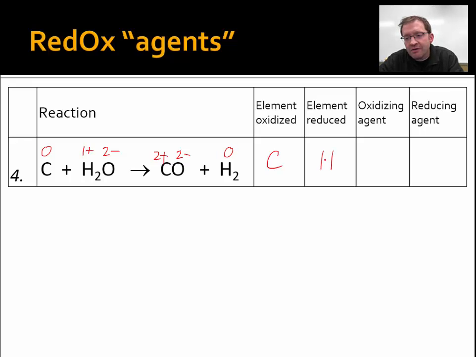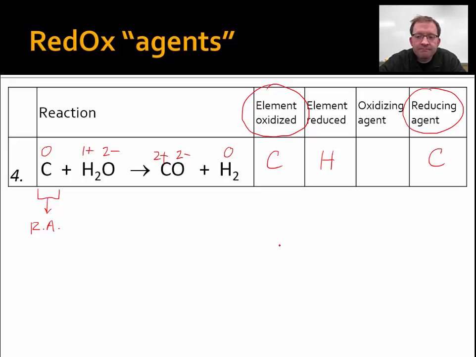So hydrogen's being reduced. Now, what are these elements part of? Carbon, in this case, being oxidized, is part of the reducing agent. So we need to connect this column to this column. The element oxidized, carbon, here at the beginning, is part of nothing bigger necessarily, but it is the reducing agent, or we could abbreviate it as Ra. So carbon is part of the reducing agent, which is itself carbon.